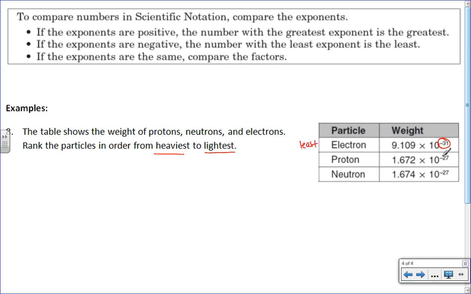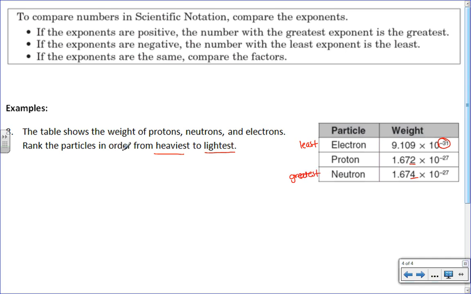And now of the 2 that are left, they have the same exponent. So if the exponents are the same, compare the factors. Let's look at the 2 factors. This is 1.672, and this is 1.674. So, because this number is smaller, this will be smaller than this one. So this will be the greatest.